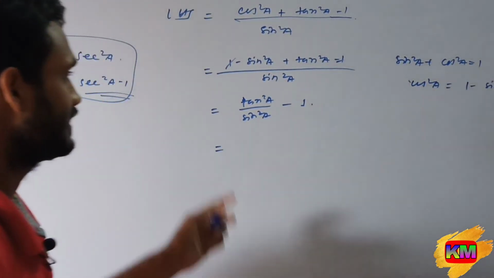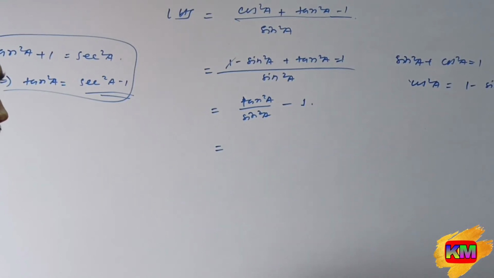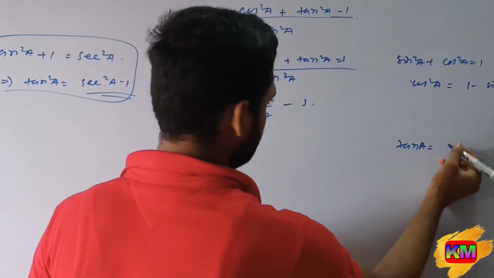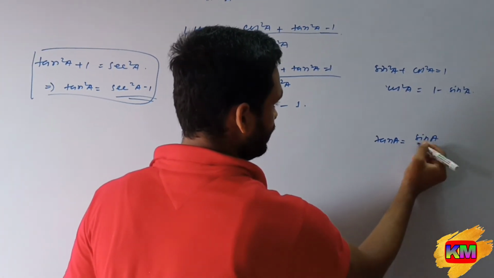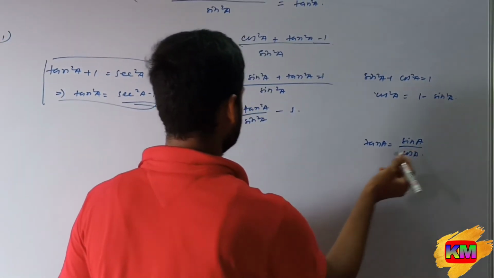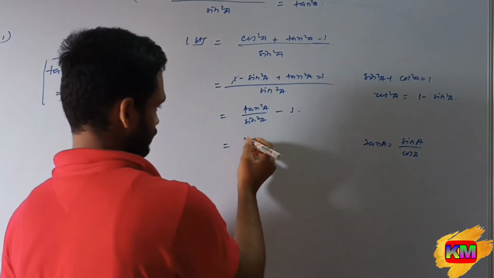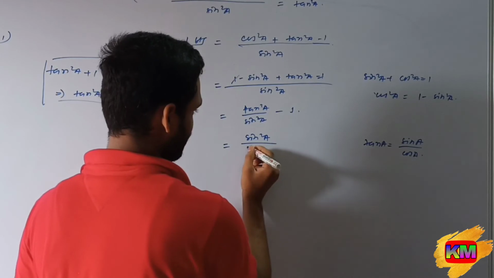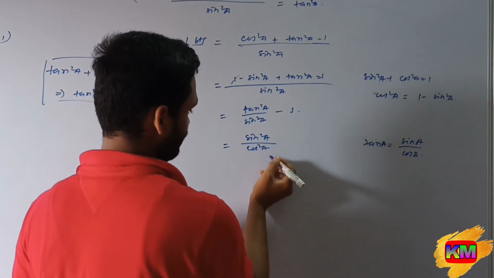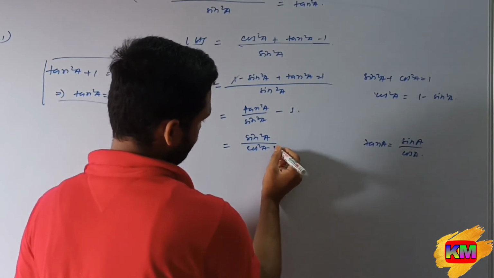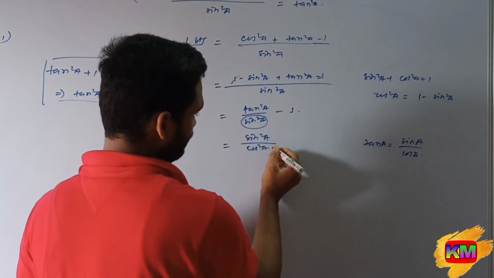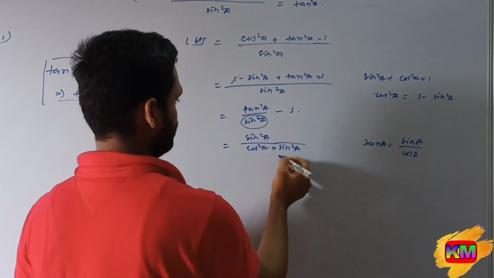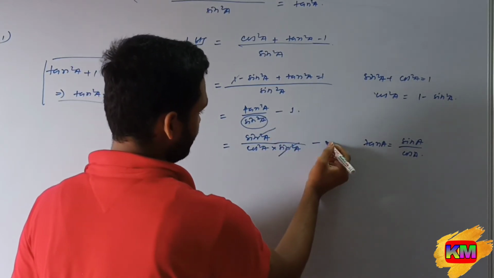So we will write tan squared A in terms of sin A and cos A. So we know that tan A equals sin A upon cos A. So we will use it and we will get sin square A divided by cos square A, and it will be multiplied here, and it will be sin square A. So sin square A will get cancelled, and here minus 1.